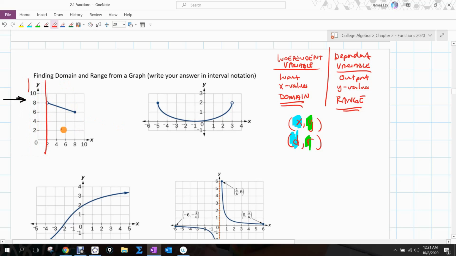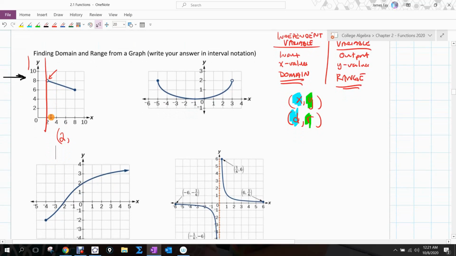Right there, at an x value of 2, I would have an ordered pair. So I'm going to identify my first x value, 2. Now it's an open dot, so it's really not 2, it's the immediate value to the right of 2.